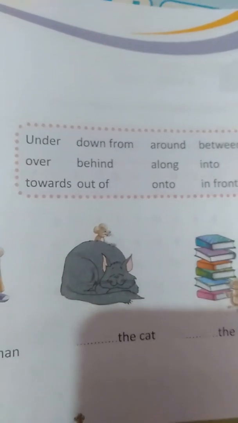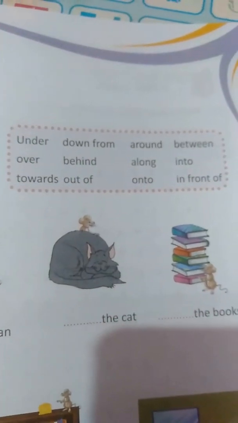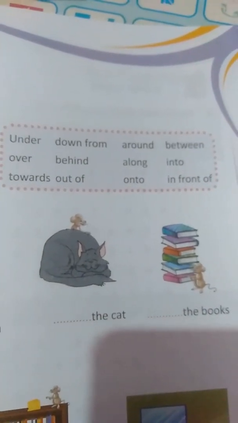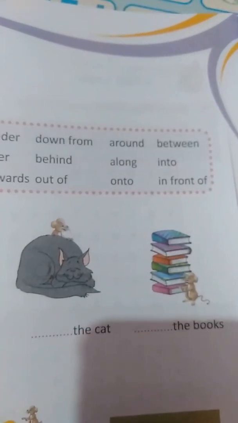Interesting, isn't it? Where does the mouse go? Just see the pictures. Then they have given a few words: under, over, towards, down from, behind, out of, around, along, onto, between, into, in front of.